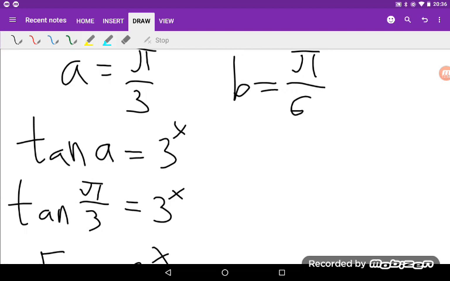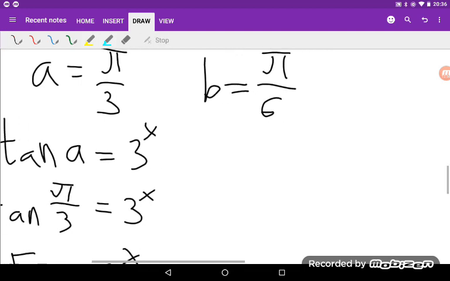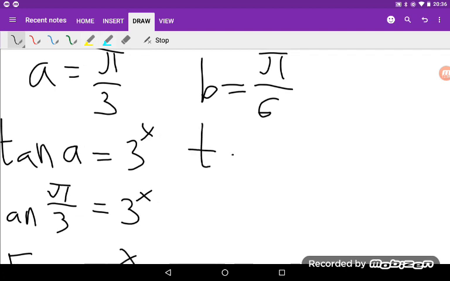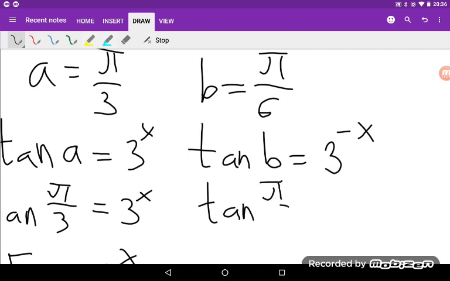And we can just check to see tangent of b. Tangent of b is 3 to the power of negative x, so tangent of pi over 6 is 3 to the negative x.